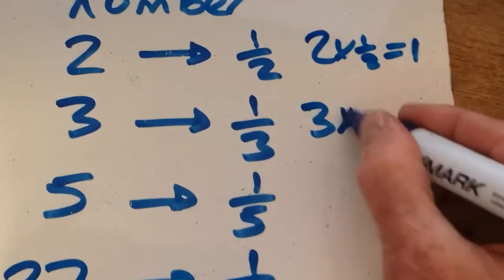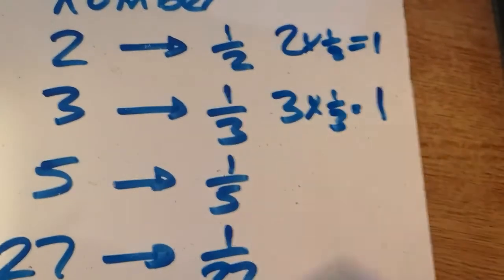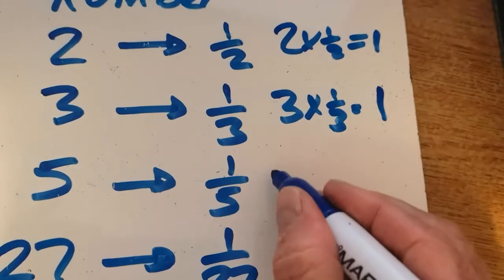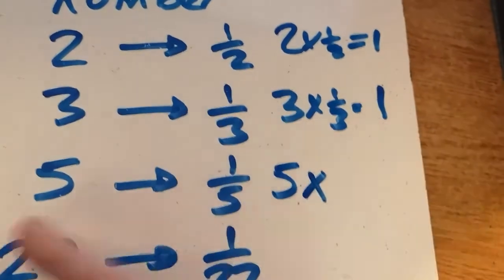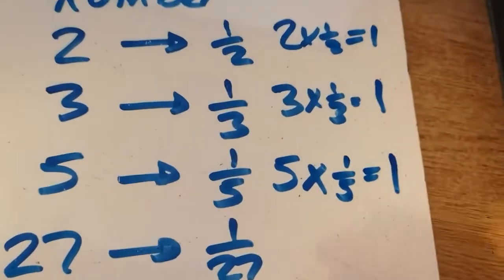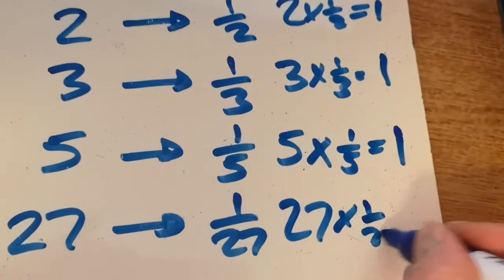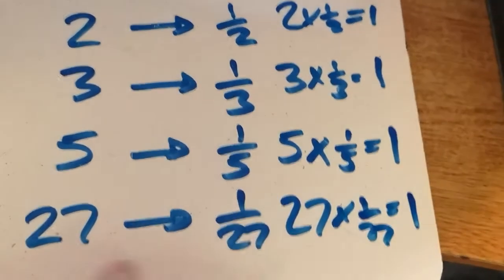If I had 3 lots of a third, that would equal 1 whole. Same for 1/5, 5 times 1/5, 5/5 would equal 1 as well, and so on. 27 lots of 1/27 would give me 1 as well.